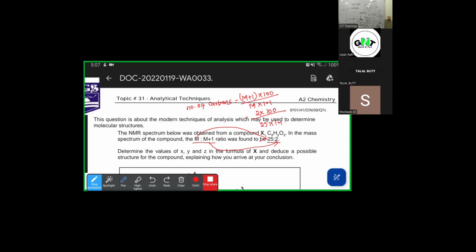So if you solve it up, guys, let me know what the answer you got. 7.27. So you should make it equal to whole number. So 7. So it means this compound contains 7 carbons. So the value of X for this one, that is 7. Did you get it?